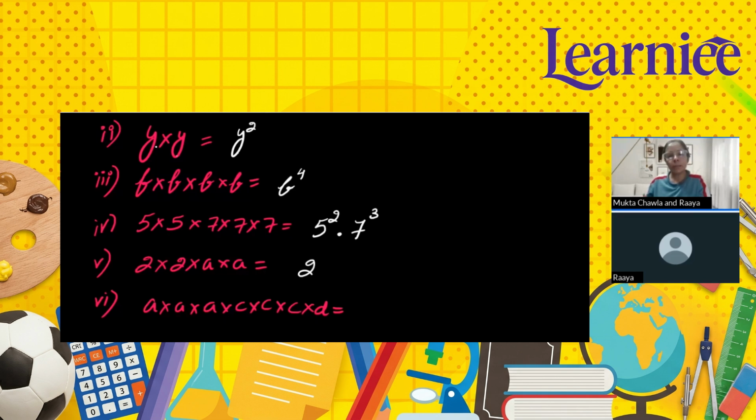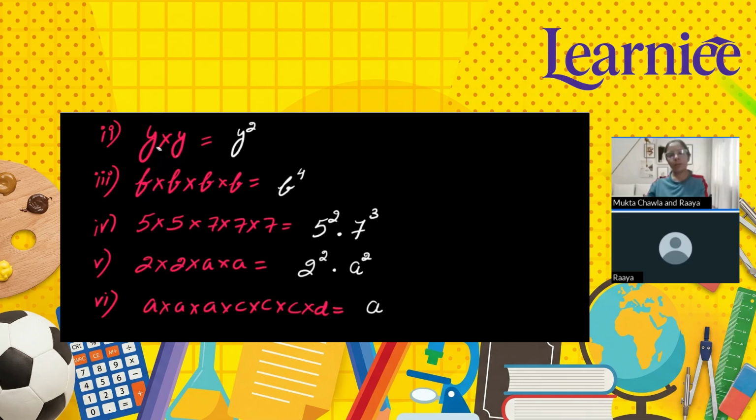What does 2... 2 to the power of what? That is going to be to the power of 2 and a to the power of 2 again. Yes, very good. For the last one, three alphabets, or variables you can say, a, c, and d.